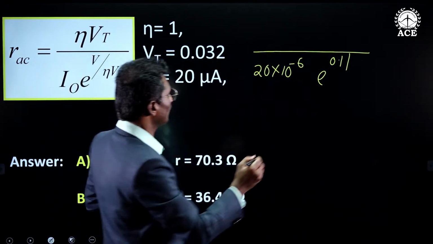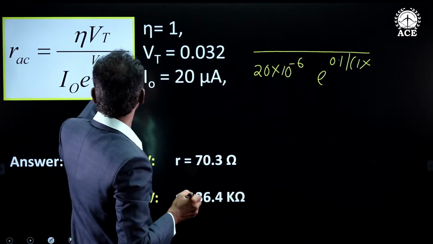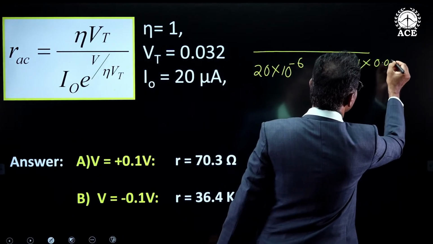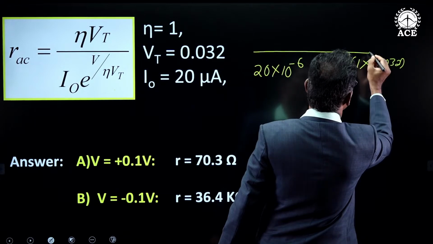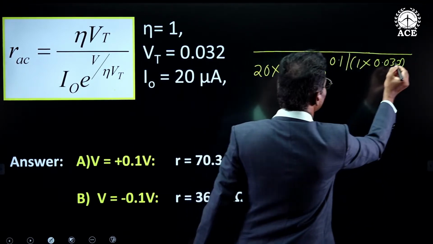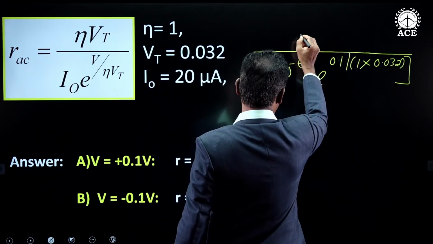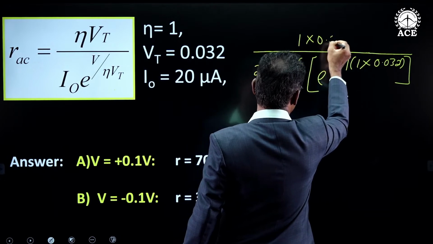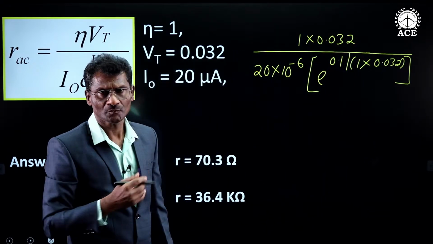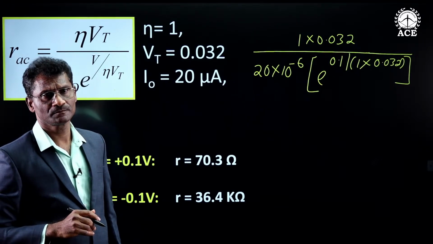And eta is 1. Vt is 0.032. And numerator we have 1 into 0.032. This is what I have said to be done as substitution.